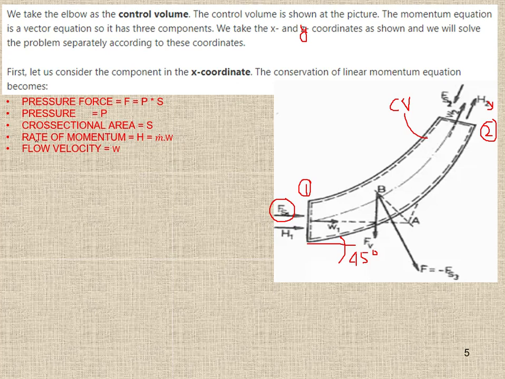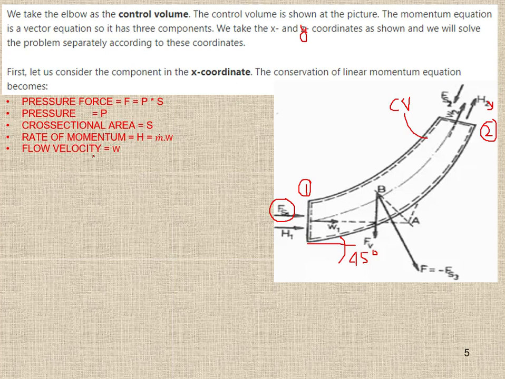The rate of momentum is H. Since it is at section 1, it is H1, and at section 2, it is H2. The rate of momentum is m dot v, or m multiplied by v.